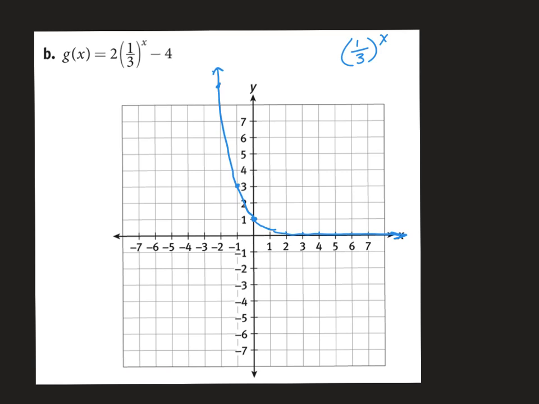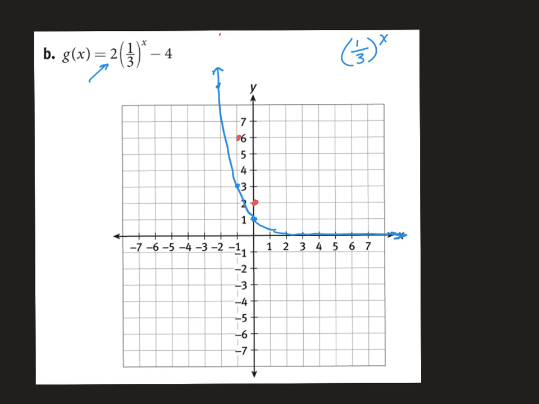So this one has 2 transformations, one of which is a vertical stretch. Outside of the parentheses makes every value in it double. So this one's going to go from 1 to 2. This one's going to go from 3 to 6. And that one's going to go way off our screen. 2 times our value, that's a vertical stretch.